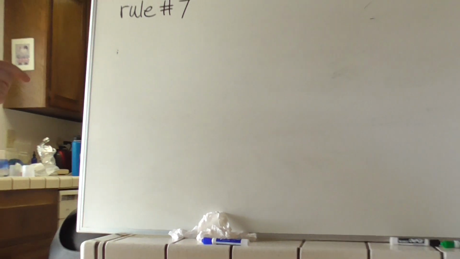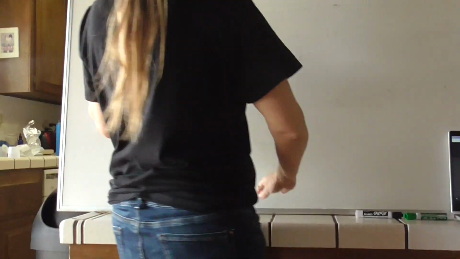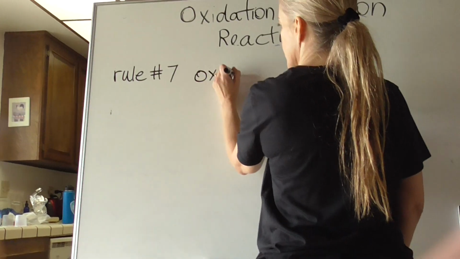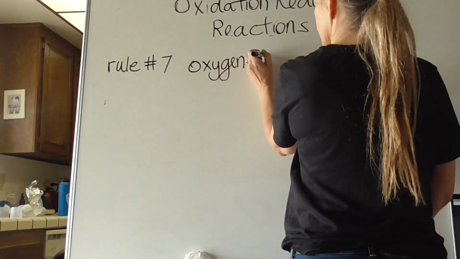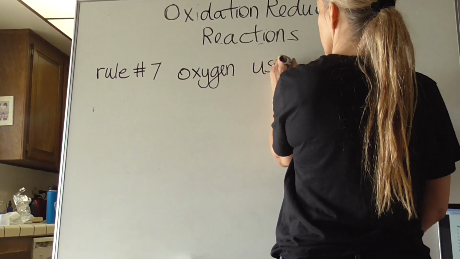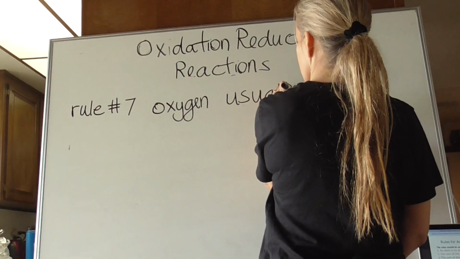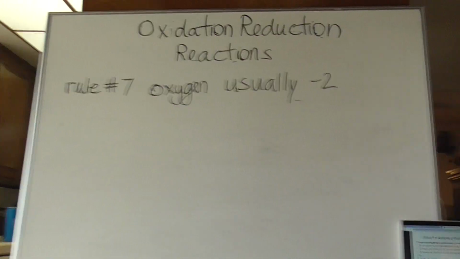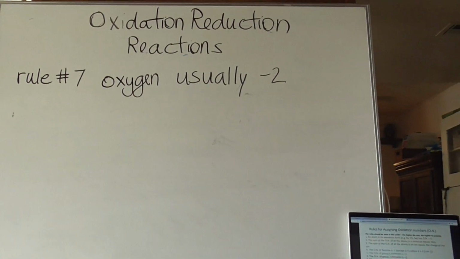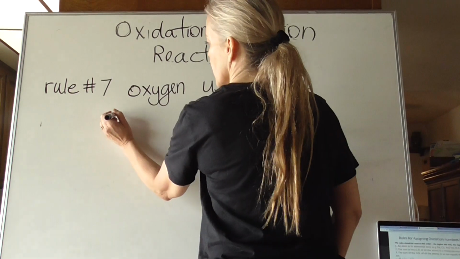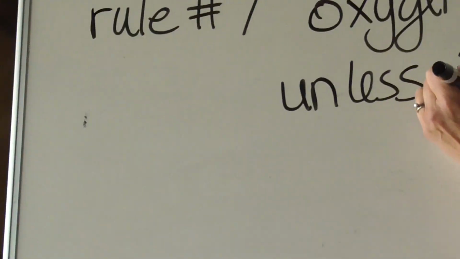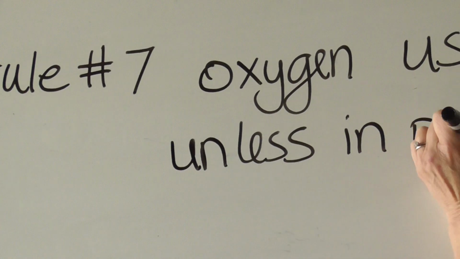Oxygen is almost always -2, so let's say usually -2, but of course we've got an exception. The exception is unless in a peroxide.